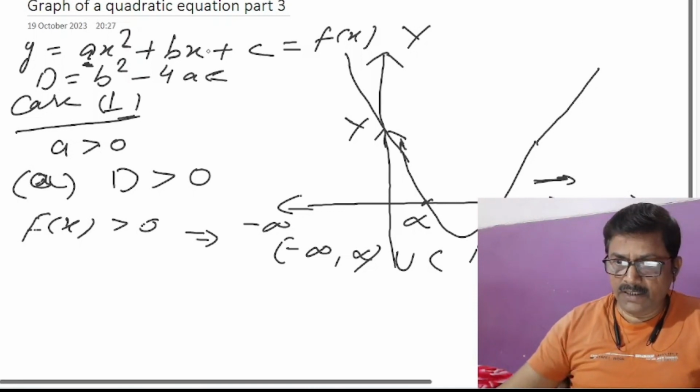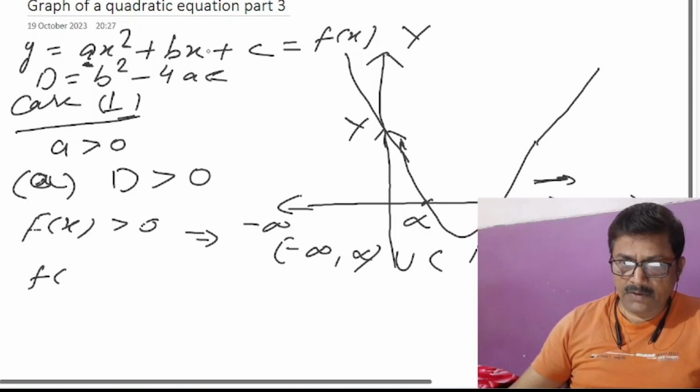And you can see when this quadratic expression is negative, when y is negative: between alpha and beta, y is below the x-axis. So this is negative. So in the interval alpha to beta, f(x) will be negative.